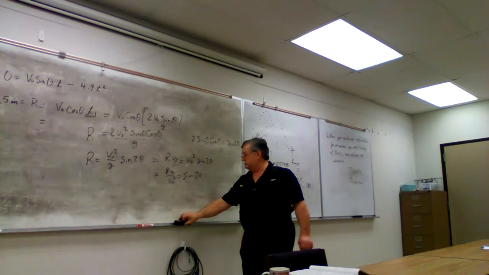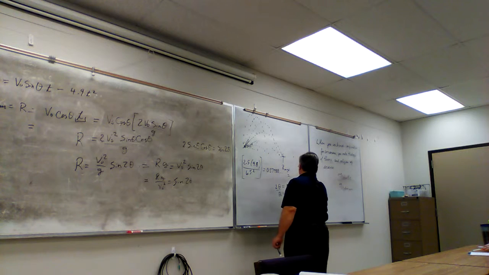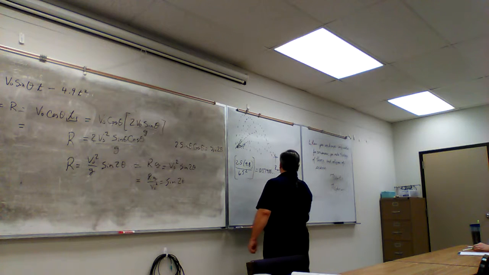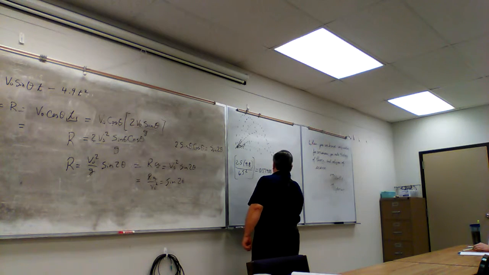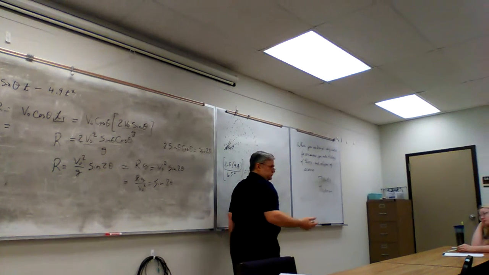Yeah, once again, I did this too quickly. 2 theta is 35.44. So, what's 180 minus 35.44?